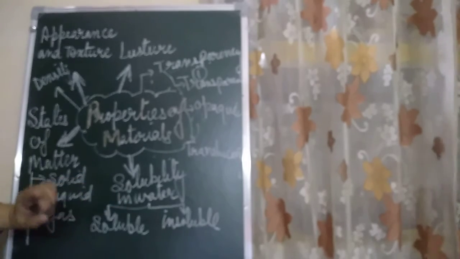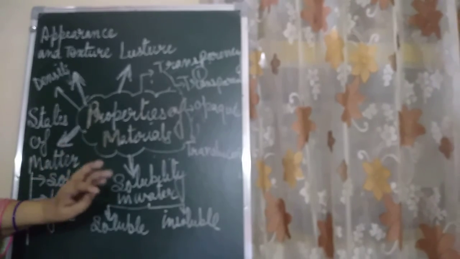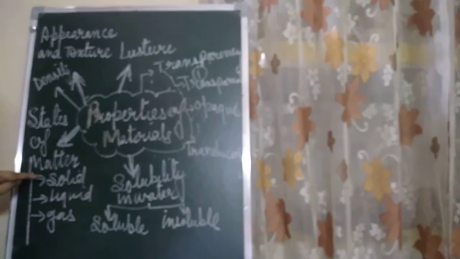Solubility in water. Then we have discussed the miscible and immiscible liquids. Then we discussed the states of matter. What are they? Solid, liquid and gases. These are the three states of matter, children.